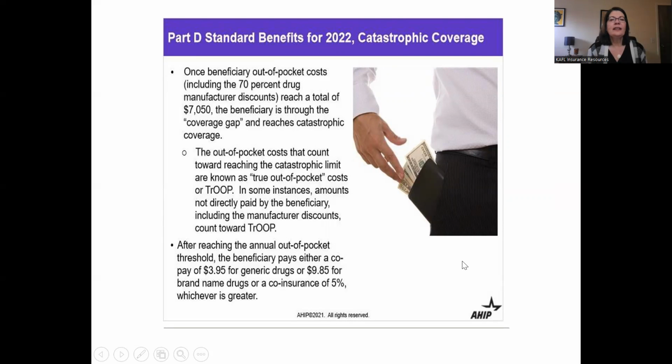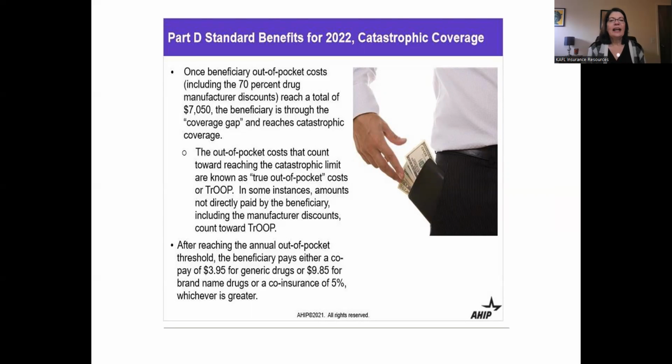So once the beneficiary enrollee reaches the out-of-pocket cost max, and again, it includes that 70% drug manufacturer discount, once it reaches $7,050, the beneficiary is through the coverage gap and reaches catastrophic coverage.